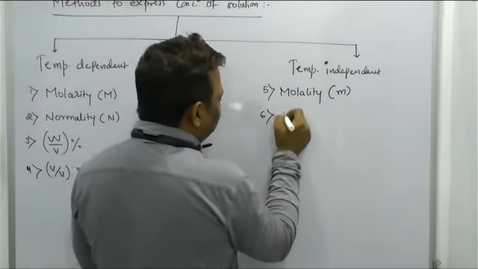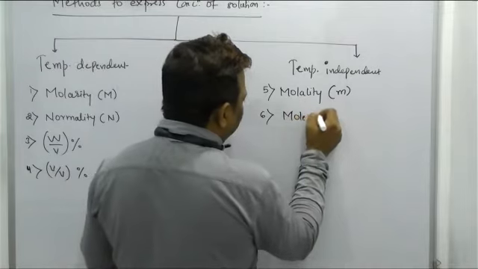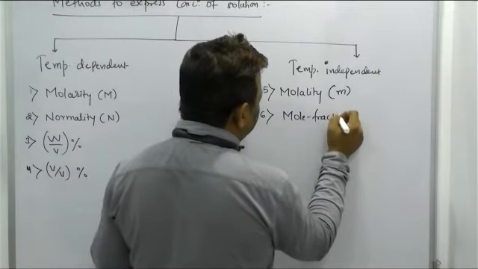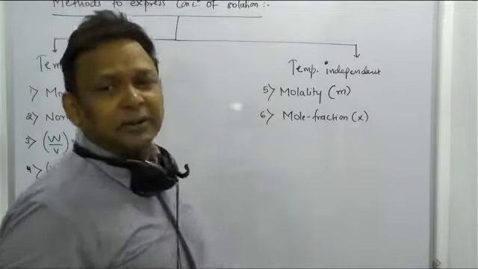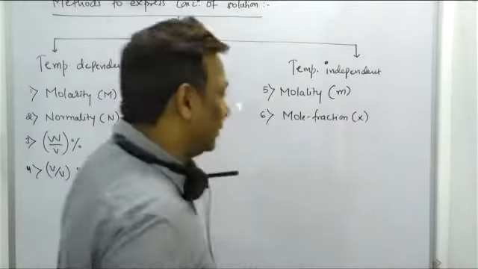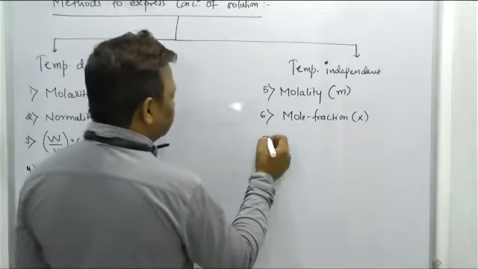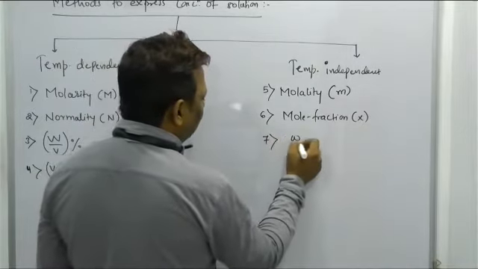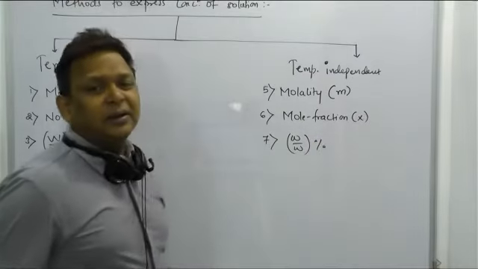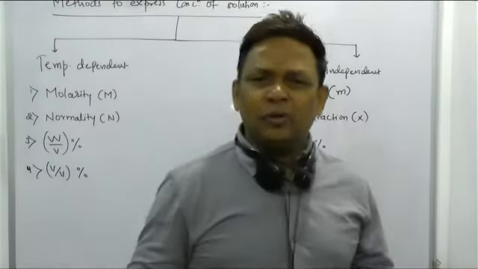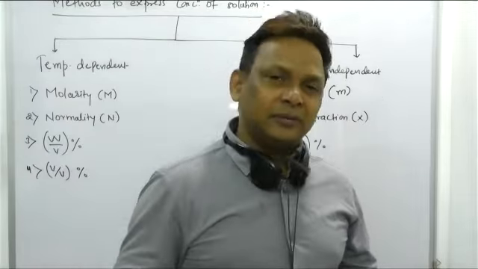Then comes mole fraction, denoted as X. It is also temperature independent. They all are temperature independent. And one more, the seventh one, is W by W percentage, which is also temperature independent. We have one more, parts per million and all, that we'll see later.